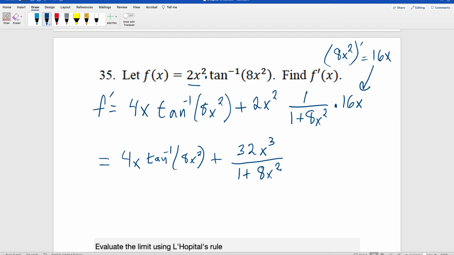Where do you get the plus 2x squared? The 2x squared comes from the product rule. Because when I take the derivative of the second part, I don't do anything to the first part, but it does tag along for the ride. It multiplies. Sometimes you'll get all the complicated parts, like you'll be able to do the inverse tangent, but then you forget about the template of how a product rule ends up looking.